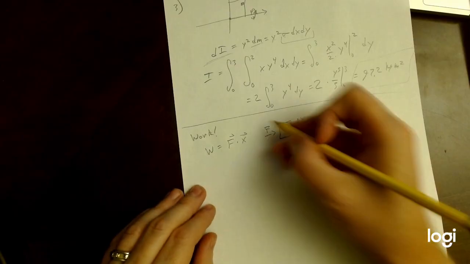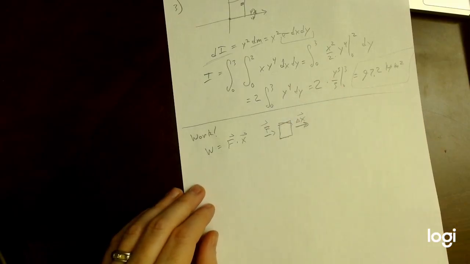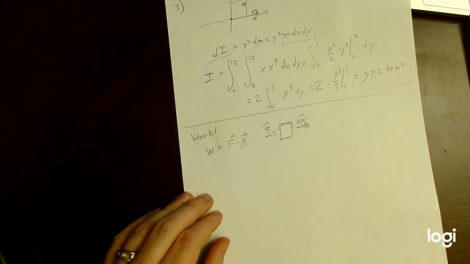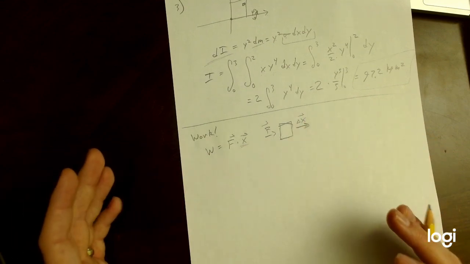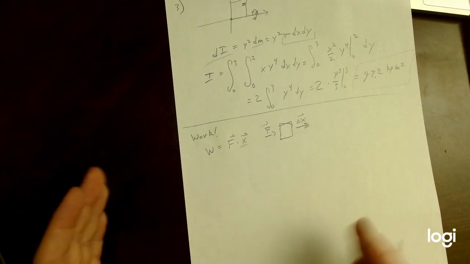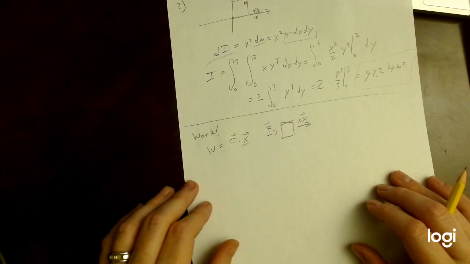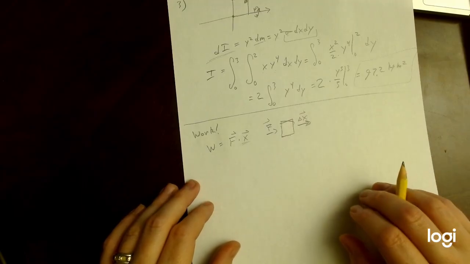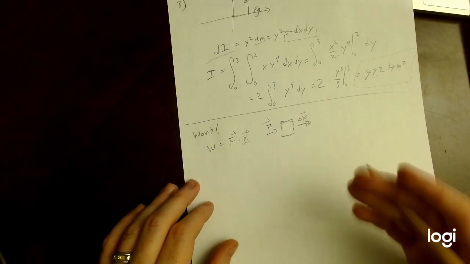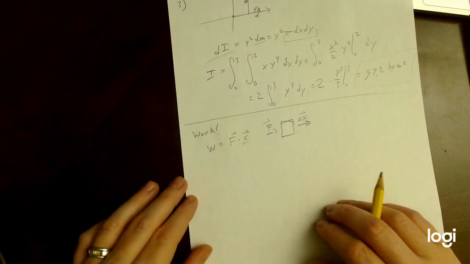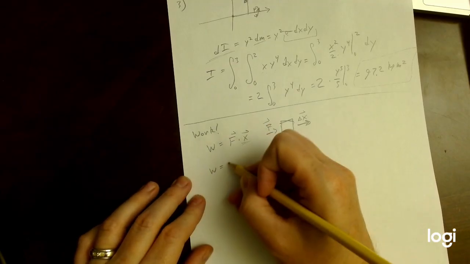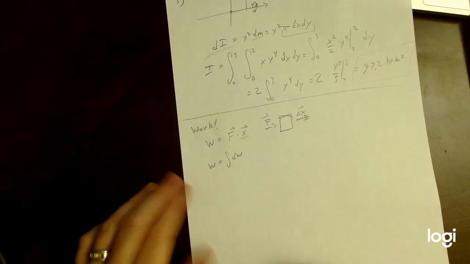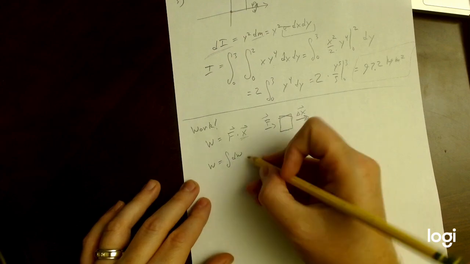If the path it takes isn't straight, so it takes some curved path, or if the force isn't constant throughout that push, meaning that either its magnitude or its direction is changing, then to calculate work correctly, we will have to do an integral of little bits of work, because the work will be changing constantly as we go around.